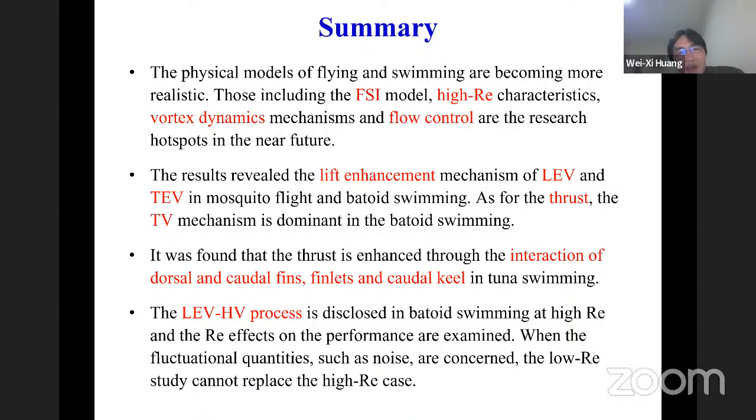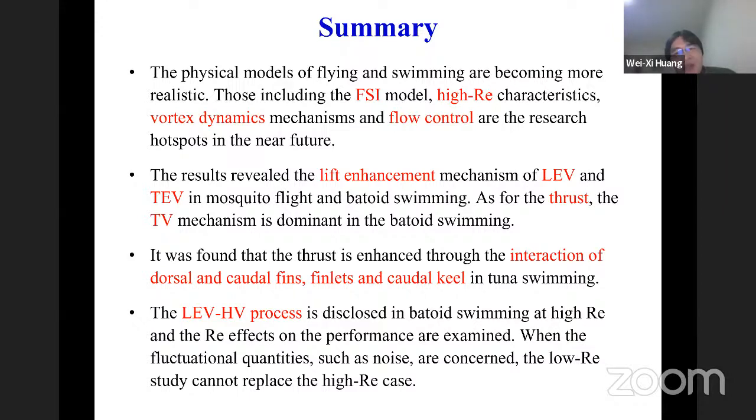Also at higher Reynolds numbers, we can see the turbulent state, especially the leading edge vortex to helical vortices transformation process. And we may now partly answer the question of how much the low Reynolds number study can replace the high Reynolds number study.